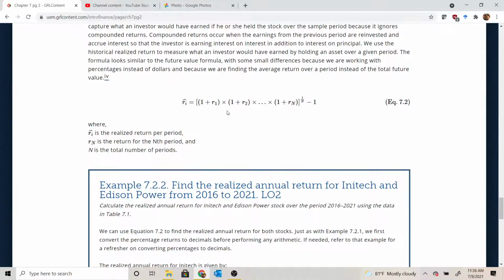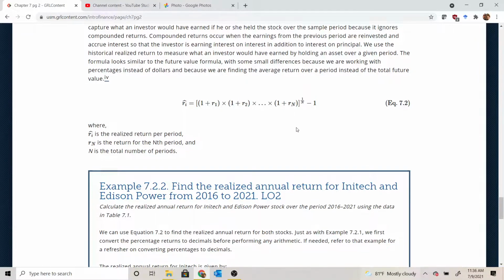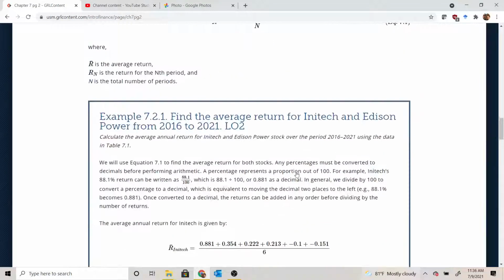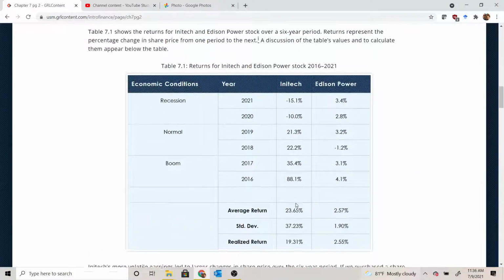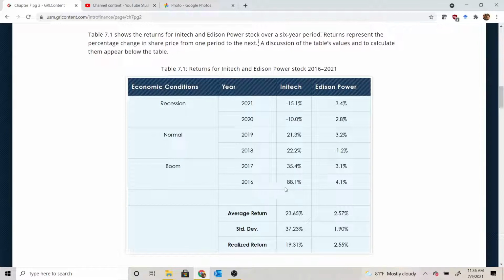Now what's going on here? Why are we doing this particular calculation? Well, if we were to buy, say for example, Initech stock at the beginning of 2016 and earn an 88.1% return, that means the value of our asset went up 88.1%. We held that asset through 2017 and then earned 35.4%.